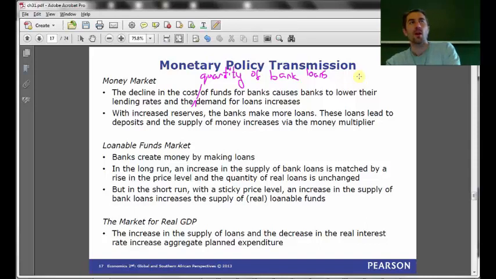On the other side of the bank's balance sheet are the matching assets, which are the loans. So generally, if there are more deposits in the system, there are also more bank loans in the system. That's the downward sloping money demand curve. People hold more money as deposits, and people have borrowed more money from the bank in terms of loans, because remember, the bank has a balance sheet that has to balance. It's got more deposits on this side, it's got to have more loans on the other side.